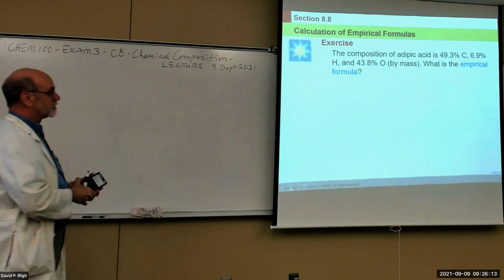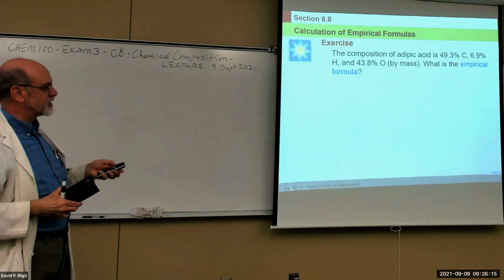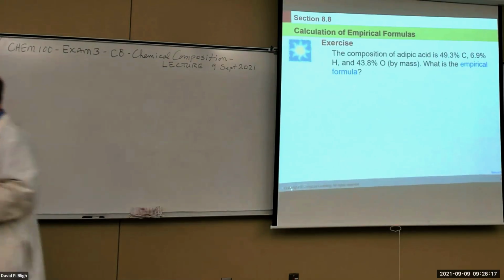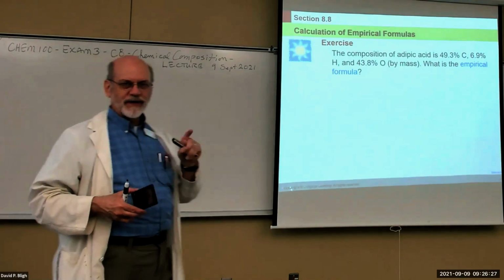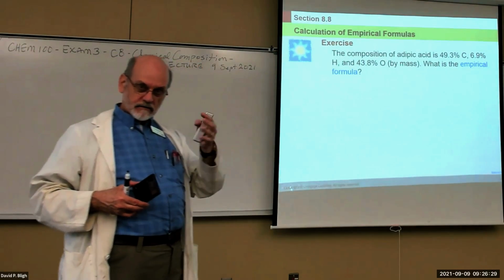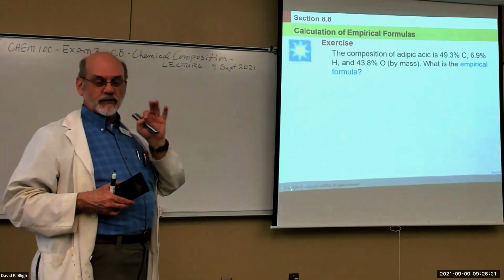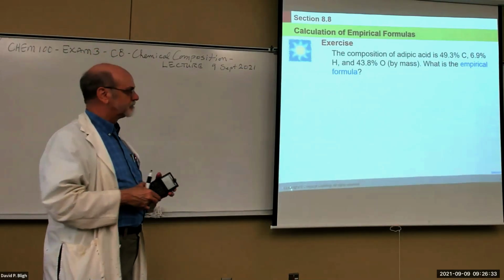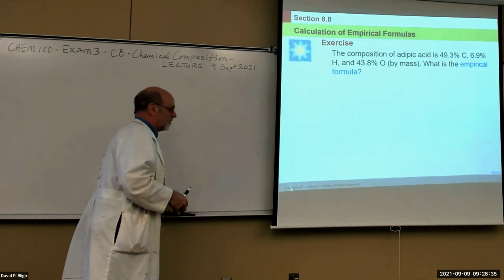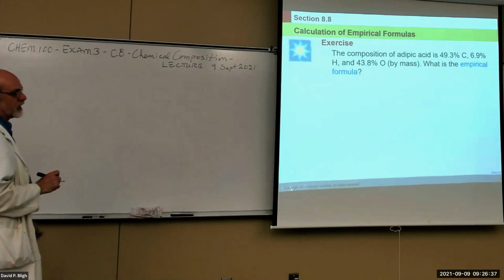And notice it's asking first what's the empirical formula, and then on subsequent slides, we're told the molar mass of the compound, so we can ratio and determine what that multiplier is. So let's run through this one real quick.